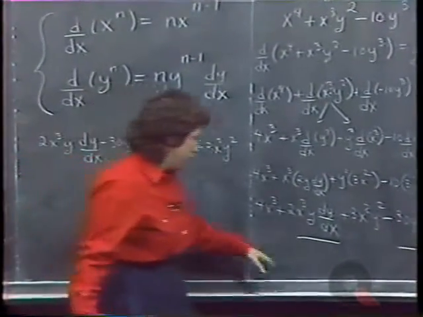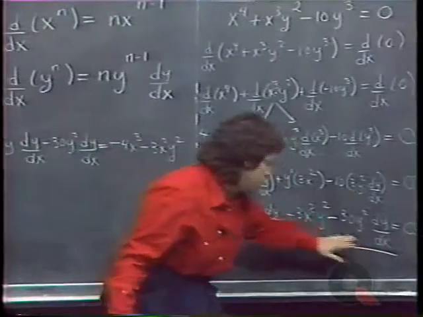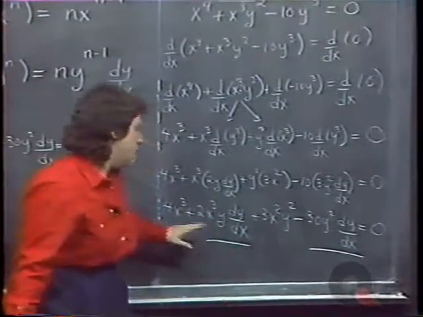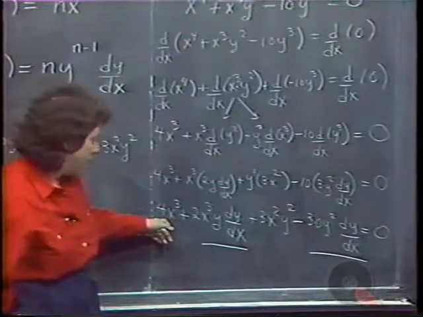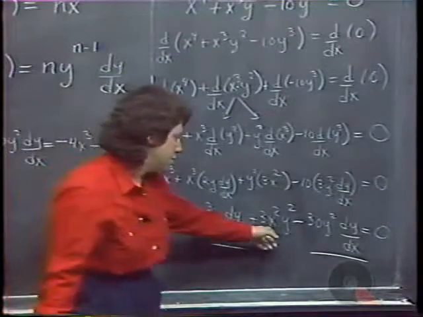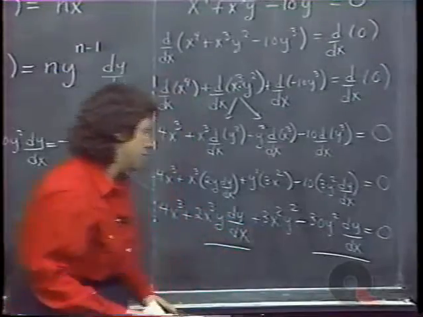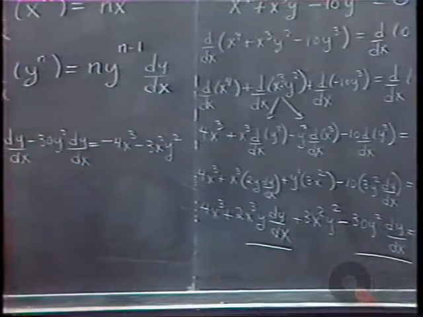Okay, I kept the two terms with dy dx on the left side, and I transposed the other two terms to the other side. So this appears as minus 4x cubed on the right side. This appears as minus 3x squared y squared on the right side, which is what we have here.